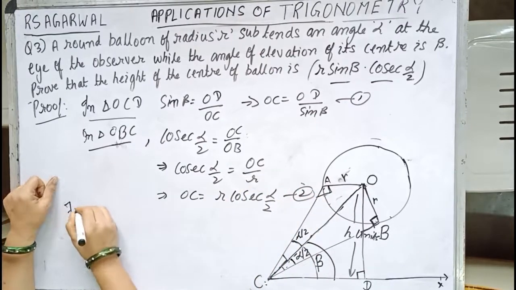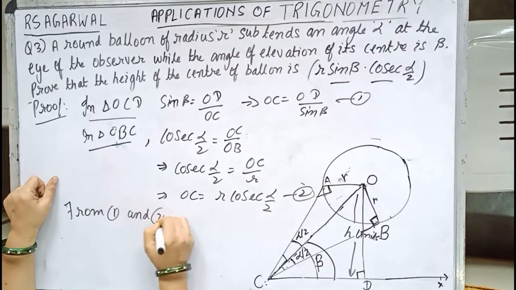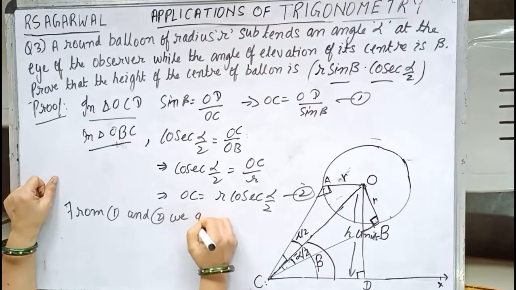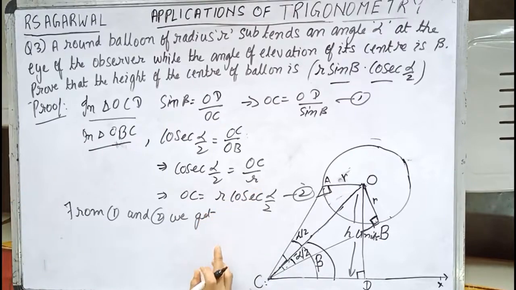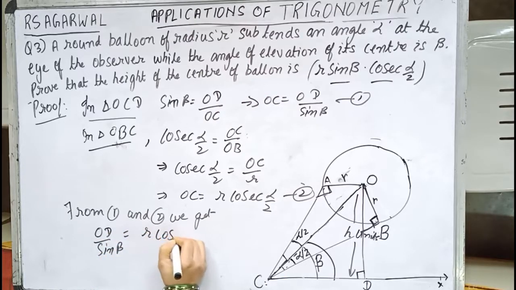Now from 1 and 2 we get, because the left hand side is equal, we can equate the RHS. We get OD by sine beta equals R cosec alpha by 2.